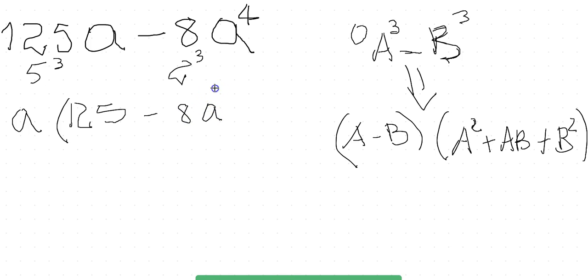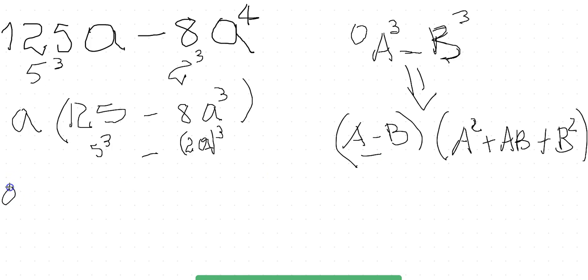A cube. There you go. I have a difference between two cubes, because this is a cube, and this is a cube too. This is like 2a to the power of 3, right? And this is like 5 to the power of 3. Since I have the difference between two cubes, I can use this formula.